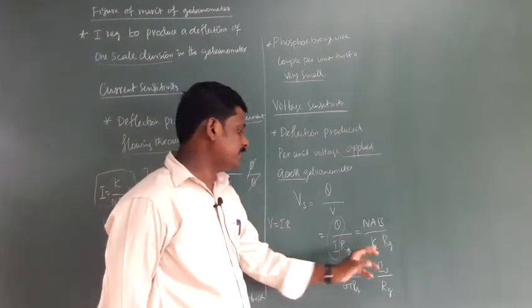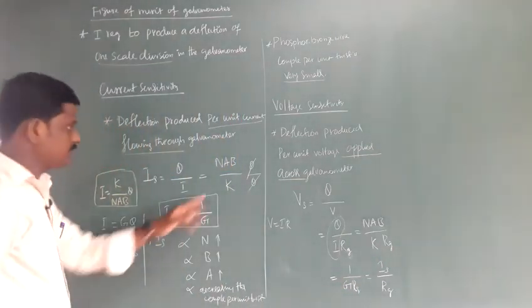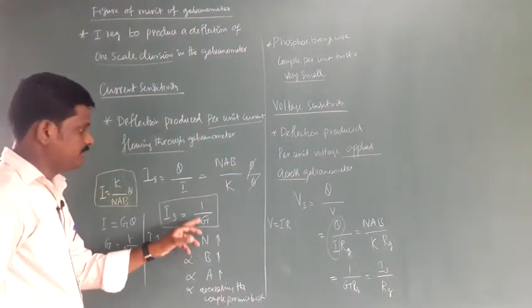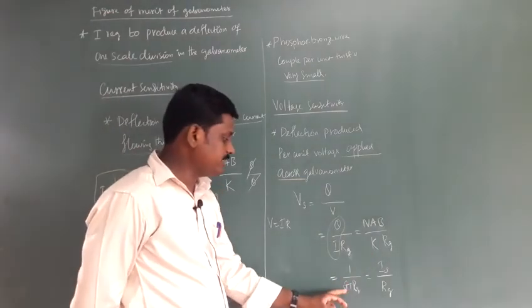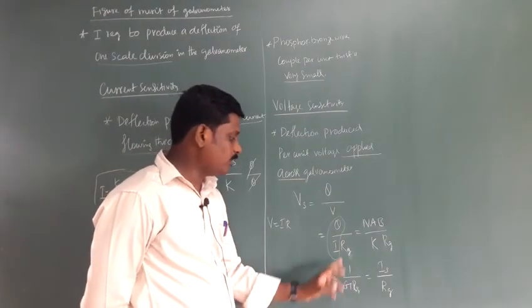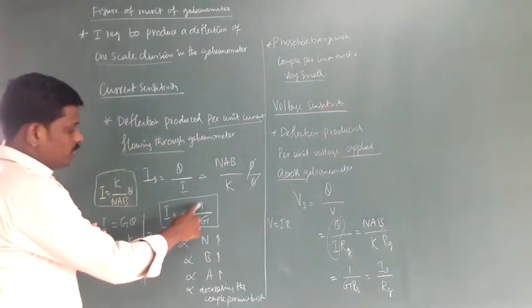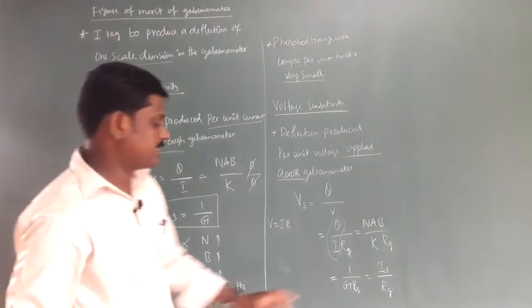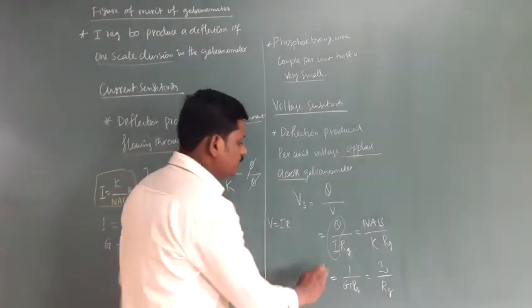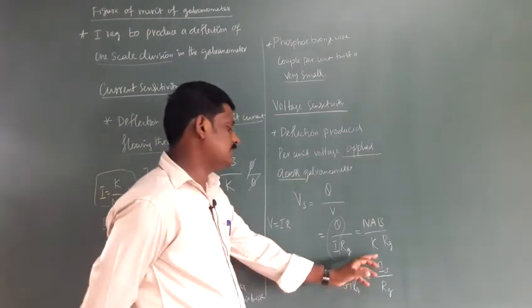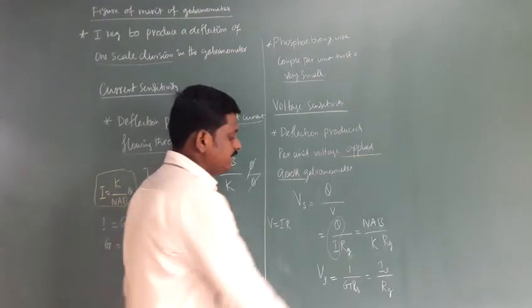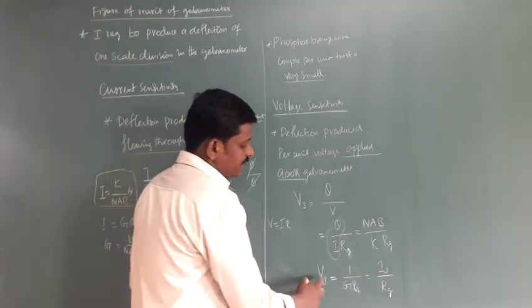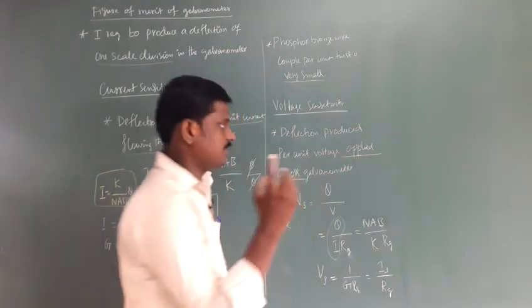Then NAB by K is 1 by G, which is the current sensitivity IS. So substituting, voltage sensitivity is equal to current sensitivity divided by the galvanometer resistance. Just apply Ohm's law, V equal to IR.